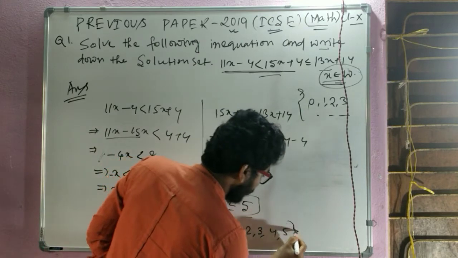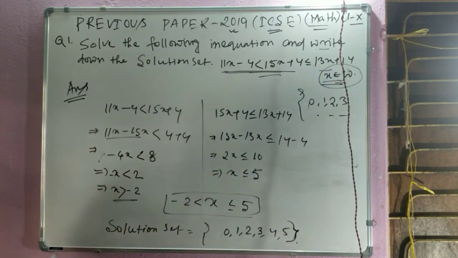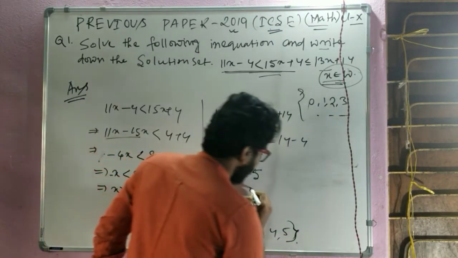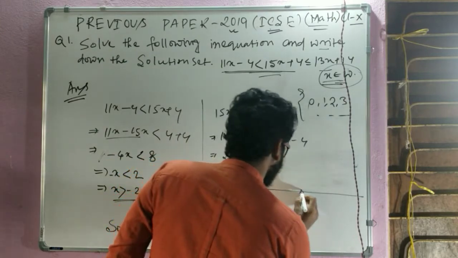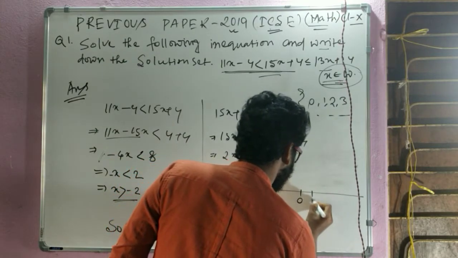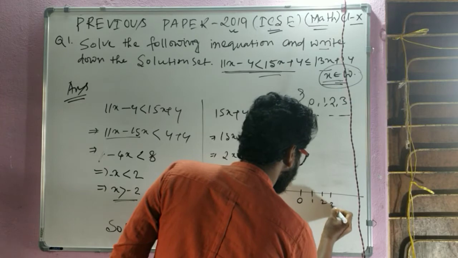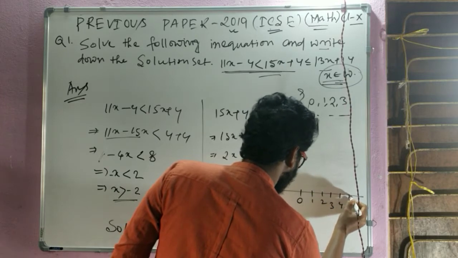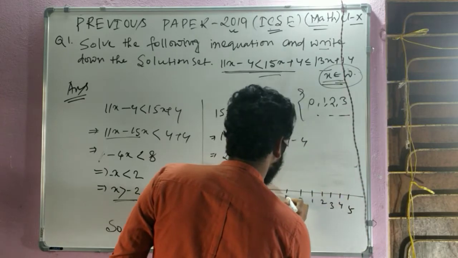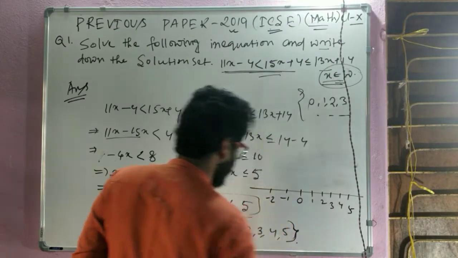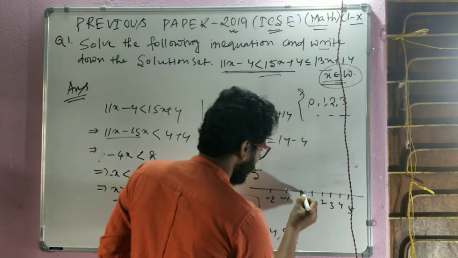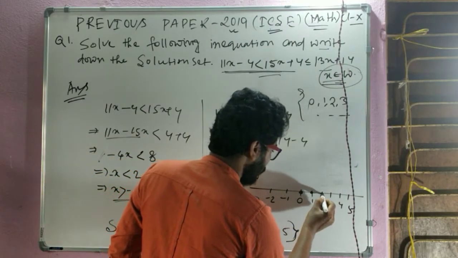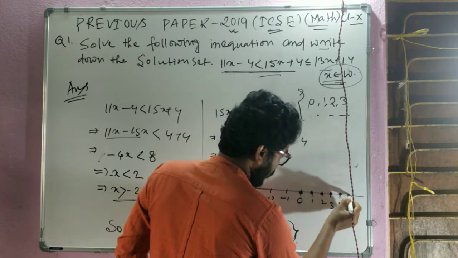This is the solution set of the inequation. Represent the solution on the real line. This is 0, this is 1, this is 2, this is 3, this is 4, this is 5, this is minus 1, this is minus 2. So the solution set is 0, 1, 2, 3, 4 and 5.